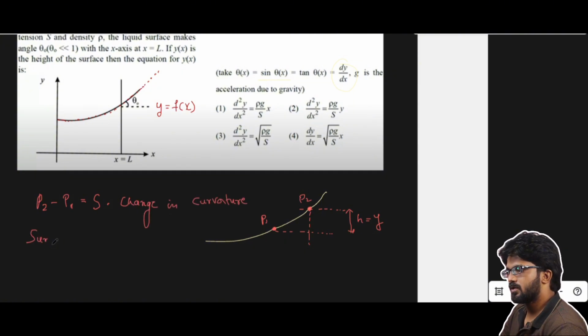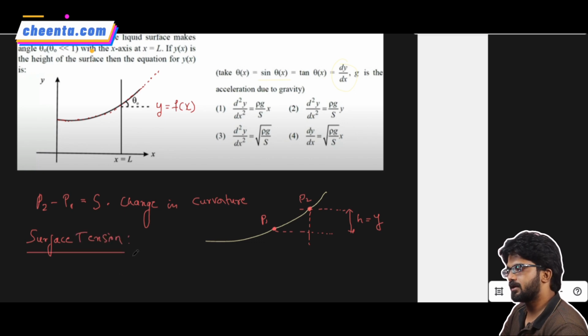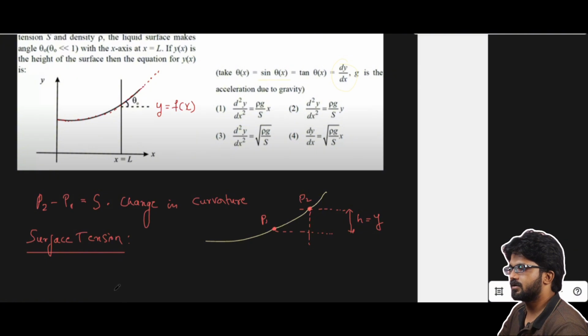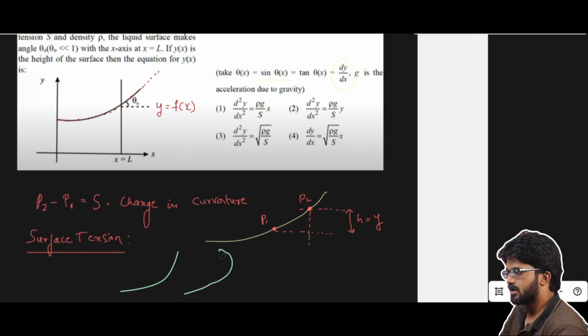So what is surface tension? Surface tension is the property that tells how much a thing is curved, how much the system is curved. So it helps us understand the curvature of the system. Suppose this system is curved this much, this can be curved more like that, and a spherical system is curved even more.